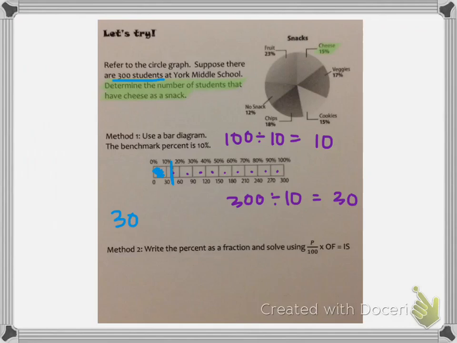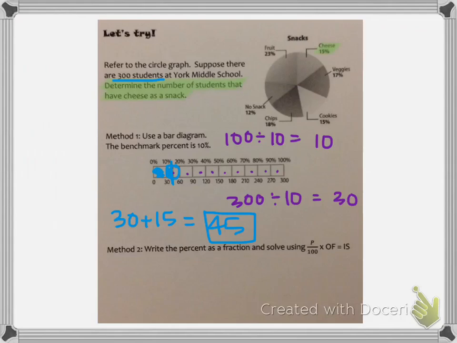But we're not going to stop there because that dotted line is halfway in between the 10 and 20% because it's 15%. And I know that because it's halfway in between this box, and this box represents 30 students, half of 30 is 15. So if we have 30 students here and then 15 more students here, that means that 45 students are having cheese as a snack.